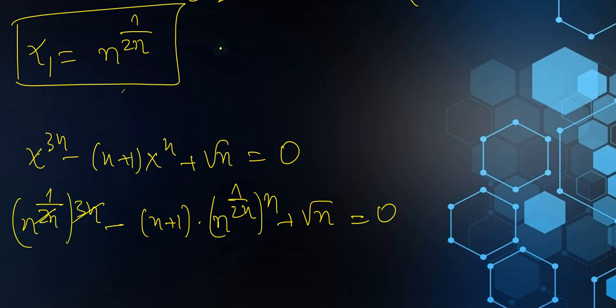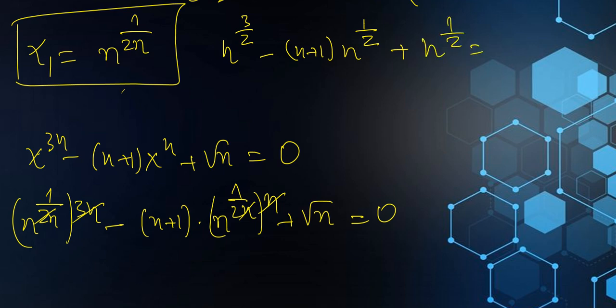So from here we're gonna have n to the power of 3 over 2, minus, here I'm gonna cancel this one and this one, and I'm gonna have n plus 1 times x, this is n, right, times n to the 1 over 2, and then plus this one here is n to the 1 over 2 equals 0.